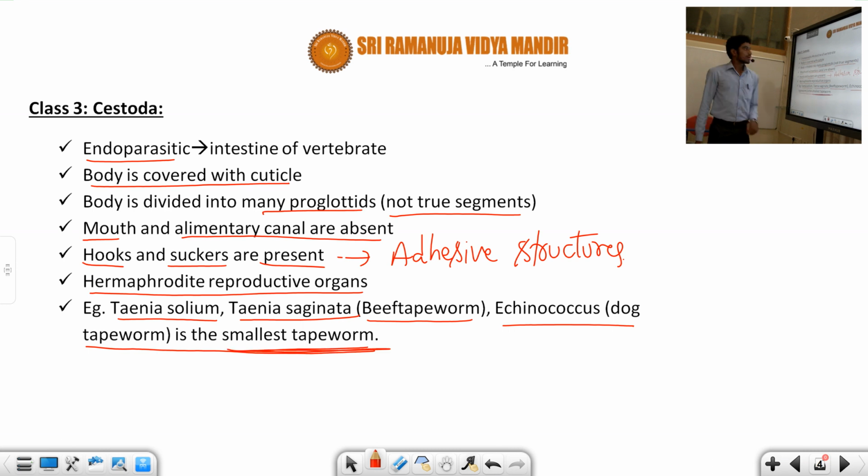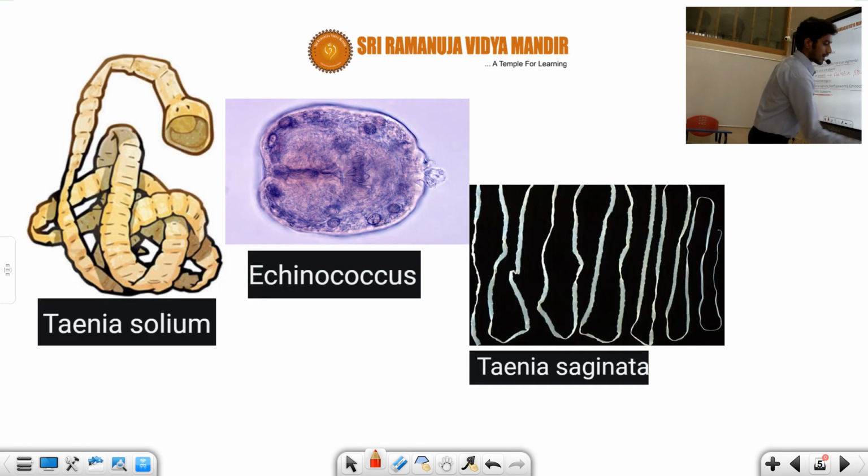Fine. So next, this is about the three classes of Platyhelminthes, student. This is very, very important. Next I am going to show you examples of class 3, that is Cestoda. The first example is Taenia solium.